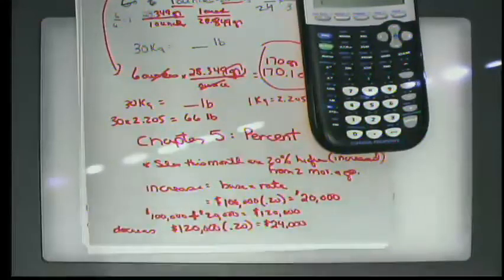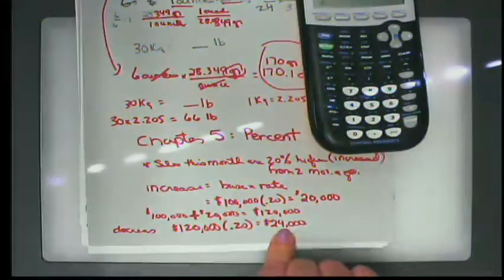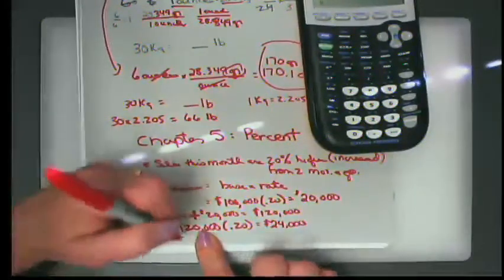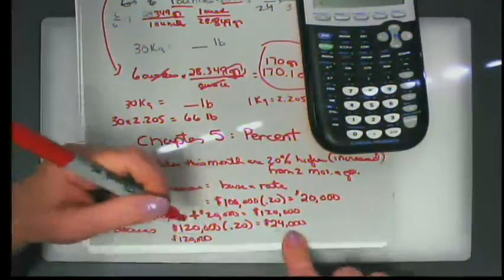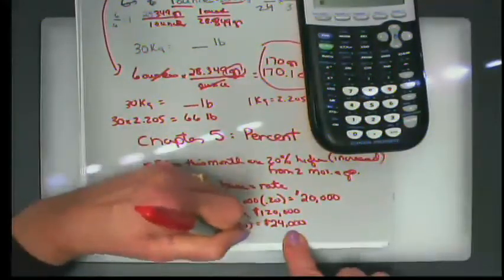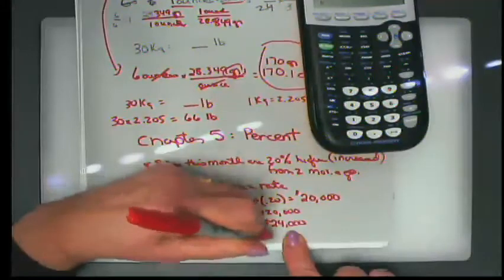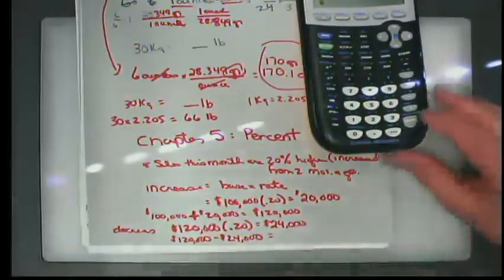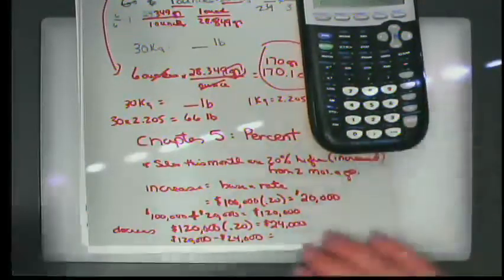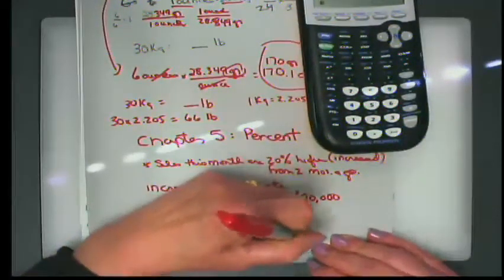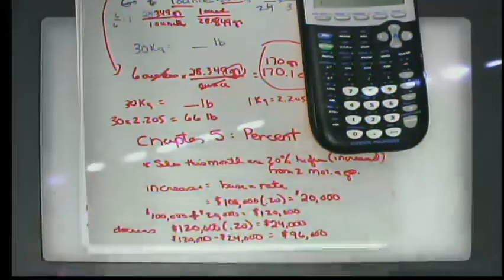So we decreased our sales by $24,000. So if they were $120,000 before, and we decreased, you take 120,000 and subtract 24,000, and that gives you $96,000 this month.